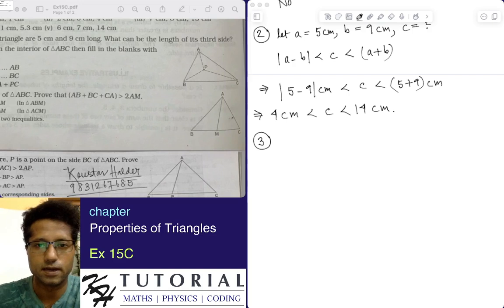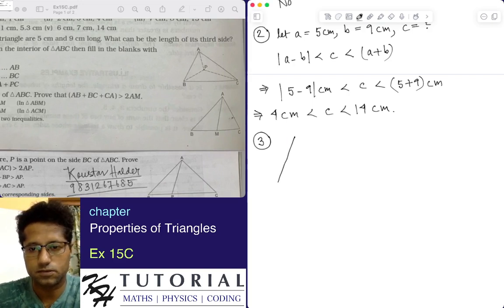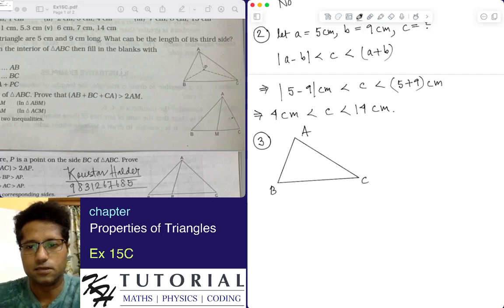Okay, so the diagram is given. There is a triangle ABC, and P is a point inside the triangle.